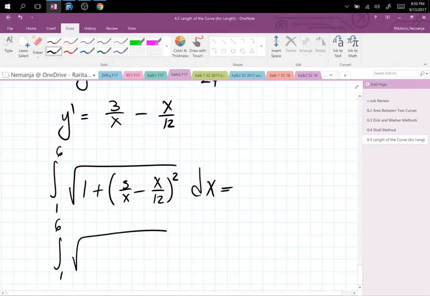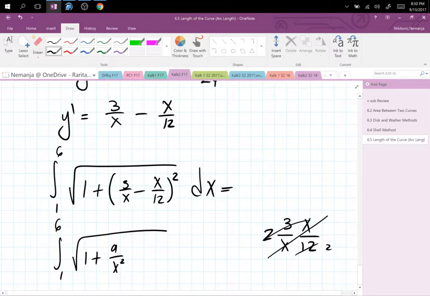That gives 1 plus 9 over x squared, and then 2 times 3 over x times x over 12. So you see these guys cancel. 2 times 3 is 6, cancels with 12, you get 2, so it's negative 1/2 in the middle, plus x squared over 144 dx.